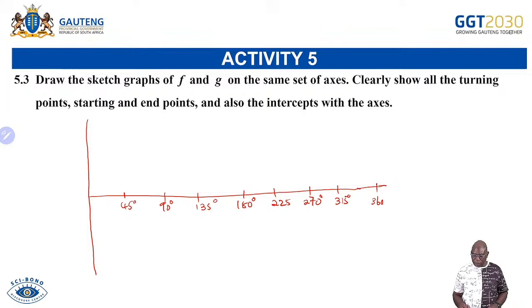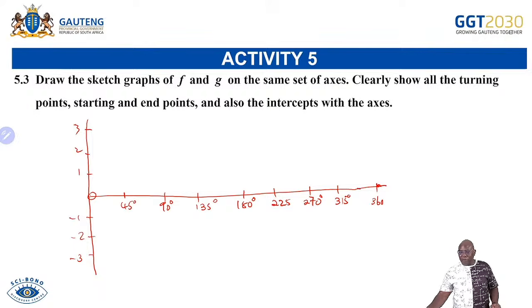So my graph is going to stop there at 360. I'll have 1, 2, 3, I'll have -1, -2, -3, and that's my 0.